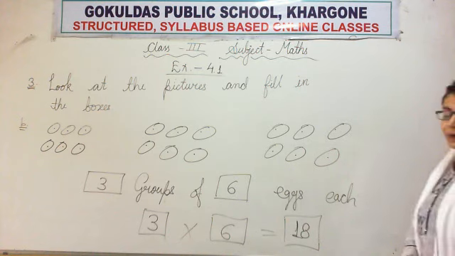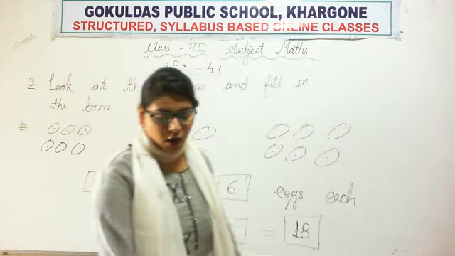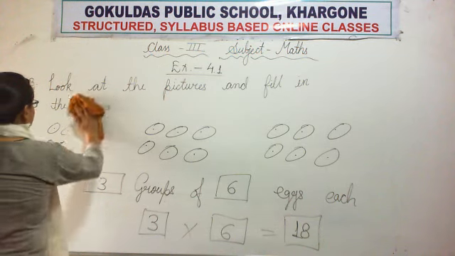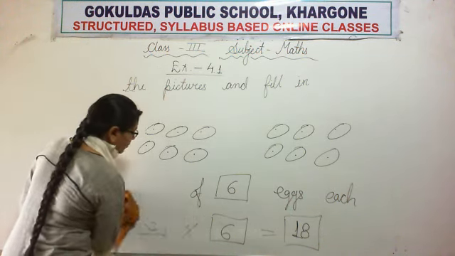Okay, so I hope, dear students, you have written down the questions. Now let's move towards the next question. So all of you read the next question. Till then I am rubbing the board.